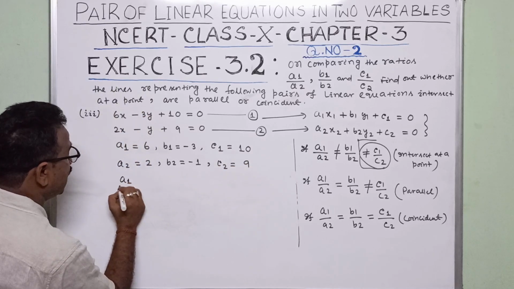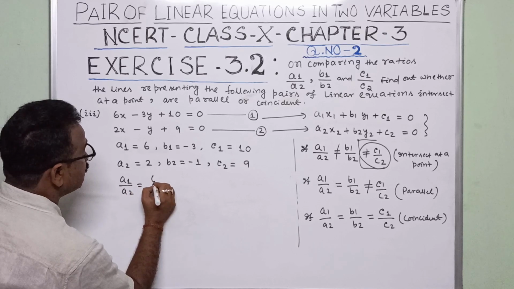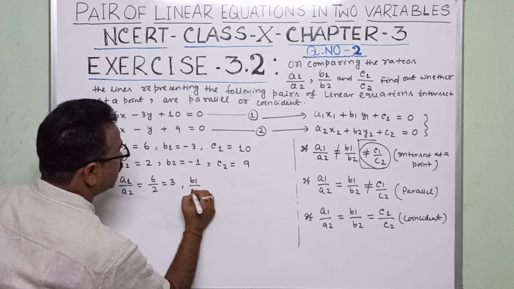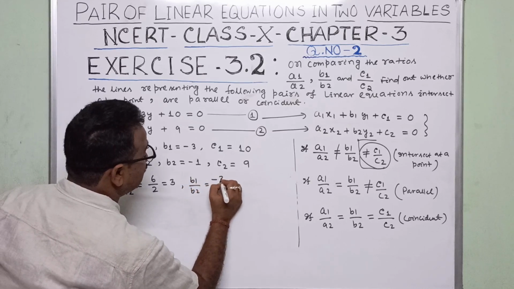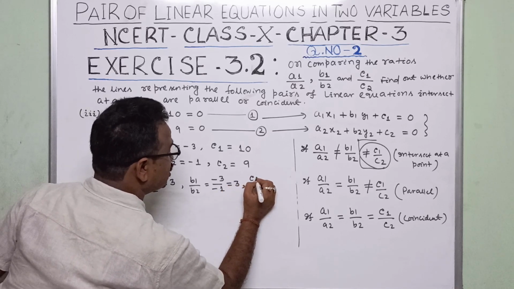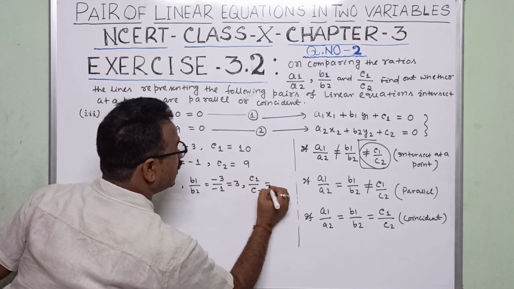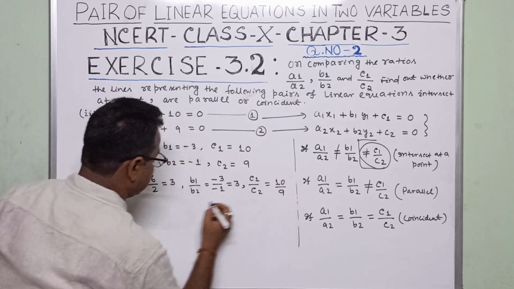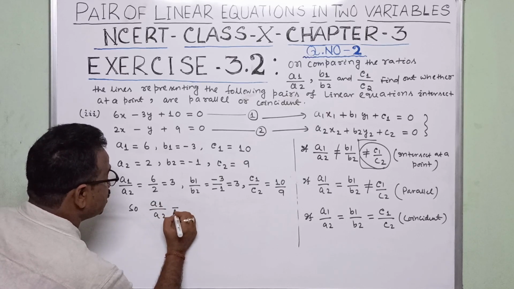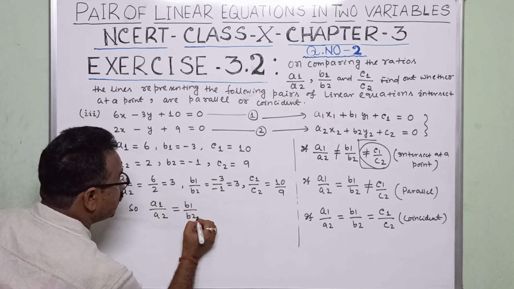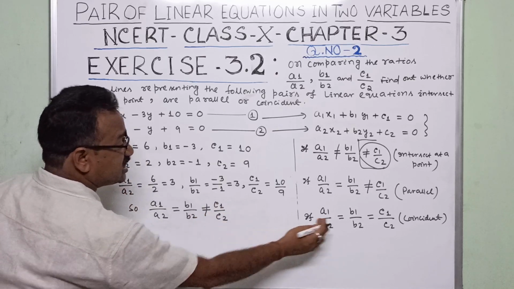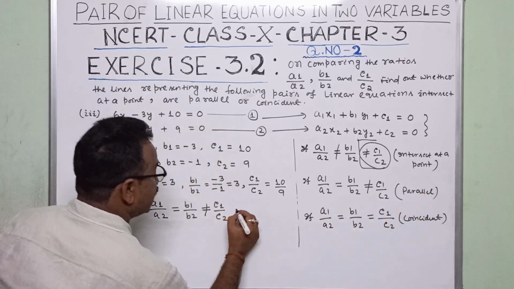Now a1 by a2 is equal to 6 by 2 is equal to 3. b1 by b2 is equal to minus 3 by minus 1 is equal to 3. And c1 by c2 is equal to 10 by 9. So a1 by a2 is equal to b1 by b2 is not equal to c1 by c2. Which condition is satisfied? That is parallel.